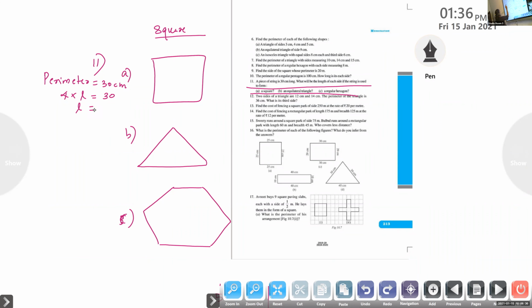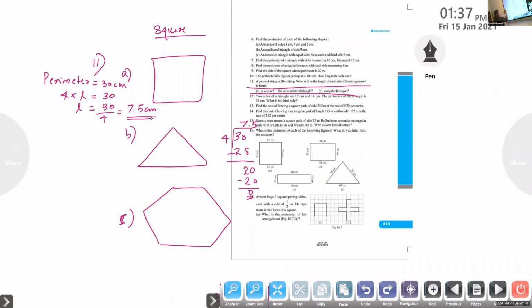You have to divide 30 by 4. 30 divided by 4 gives 7 point 5. Decimal number. So we got the answer as 7.5 centimeter. Clear, children? Because it will not divide evenly, you get a decimal number.